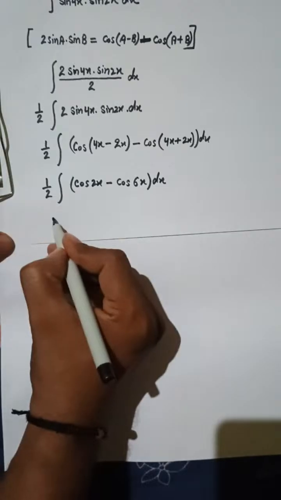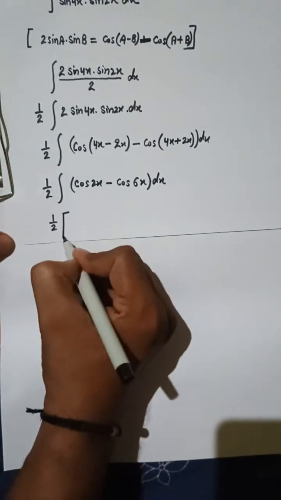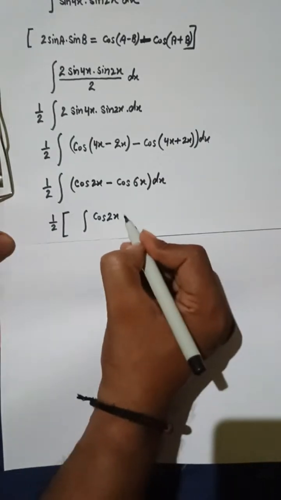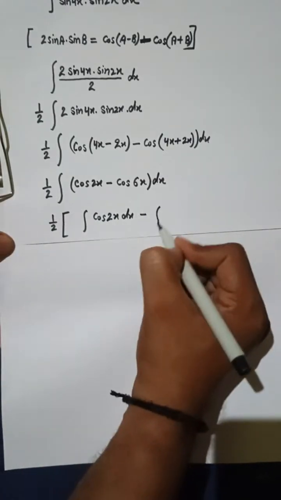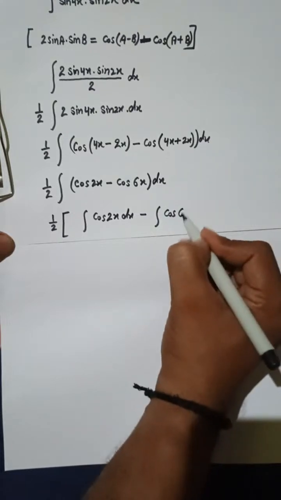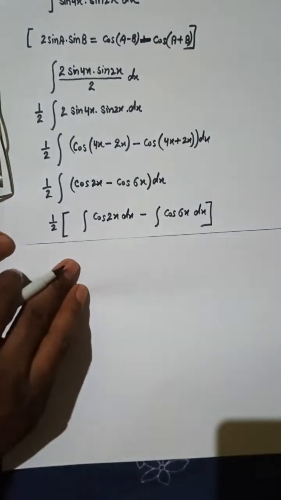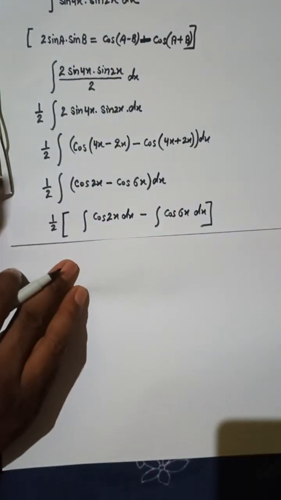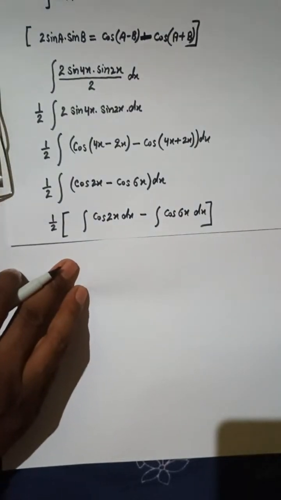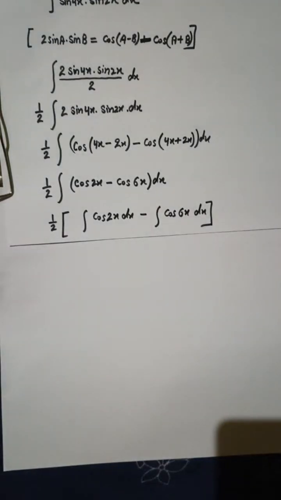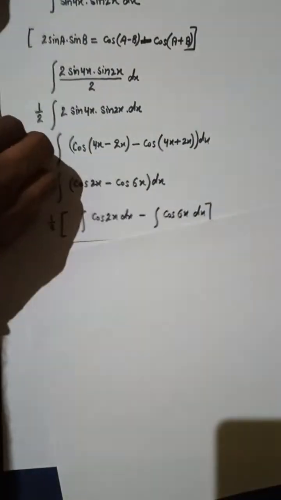So here 1 by 2, then integration of cos 2x into dx minus integration of cos 6x into dx, then close. Right? Now I can go ahead. So I have this concept here. This will be solved in this way.